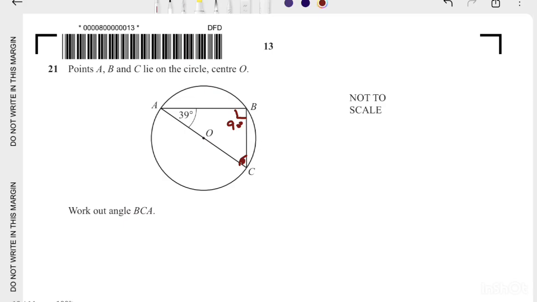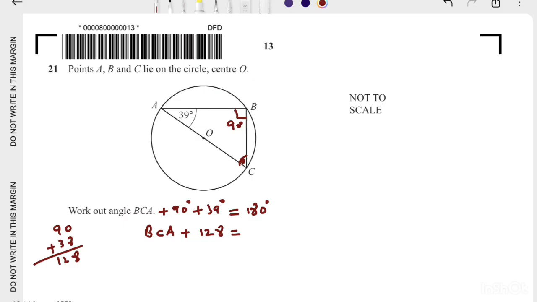So it will be angle BCA plus 90 degrees plus 38 degrees is equal to 180 degrees. So we are going to add both angles. 90 plus 38 is equal to 128. So BCA plus 128 is equal to 180 degrees.